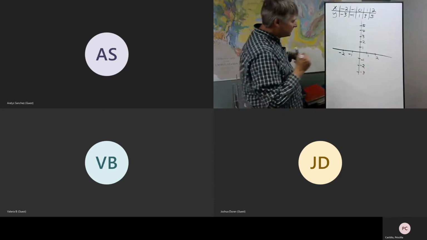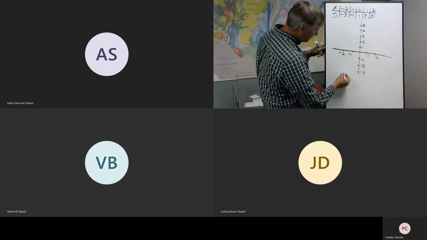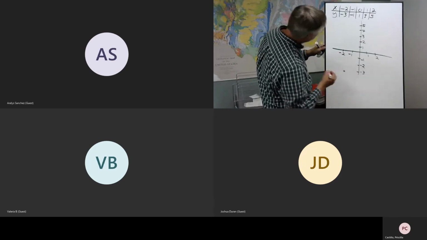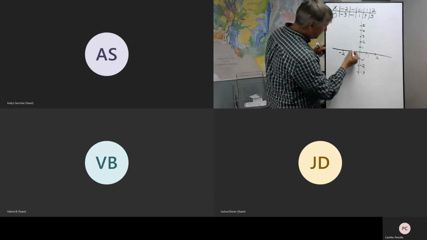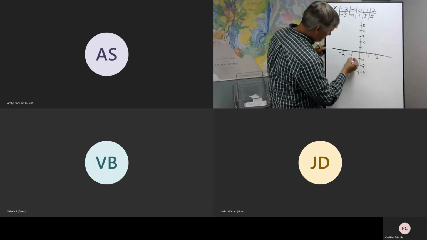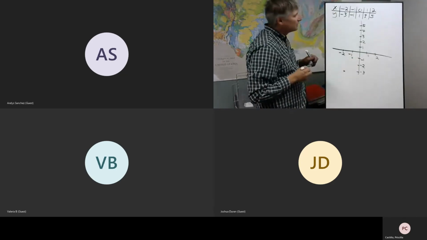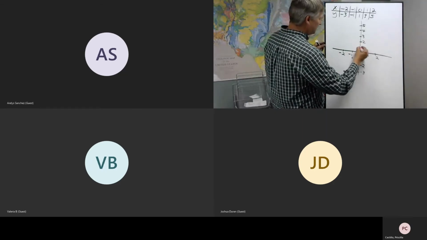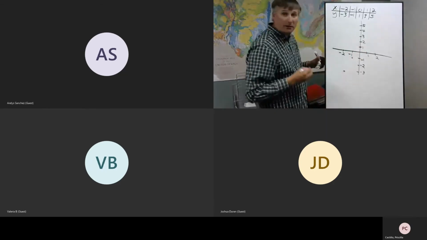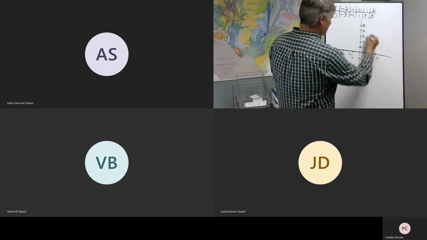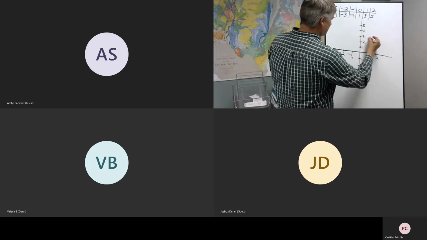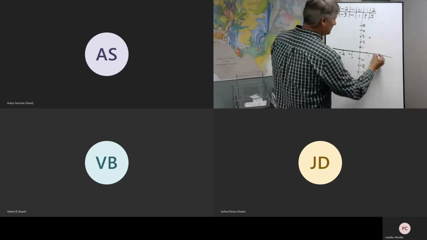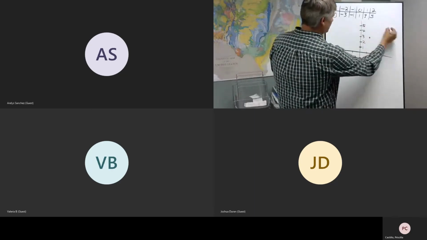So we have x is -2, y is -3, so that'll be right about there. -1 and -1, right about there. 0 and 1, so here's 0, here's 1. 1 and 3, so here's 1, here's 3, so you're right about there. 2 and 5, there's 2, there's 5.